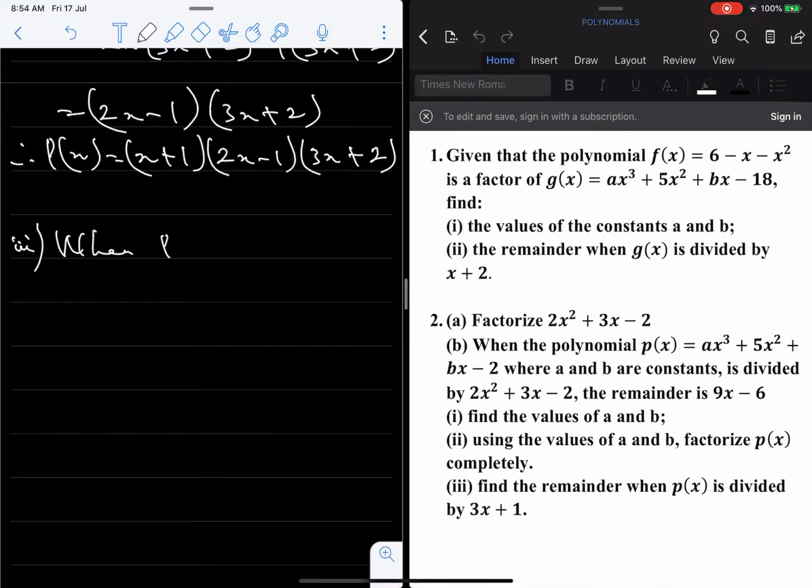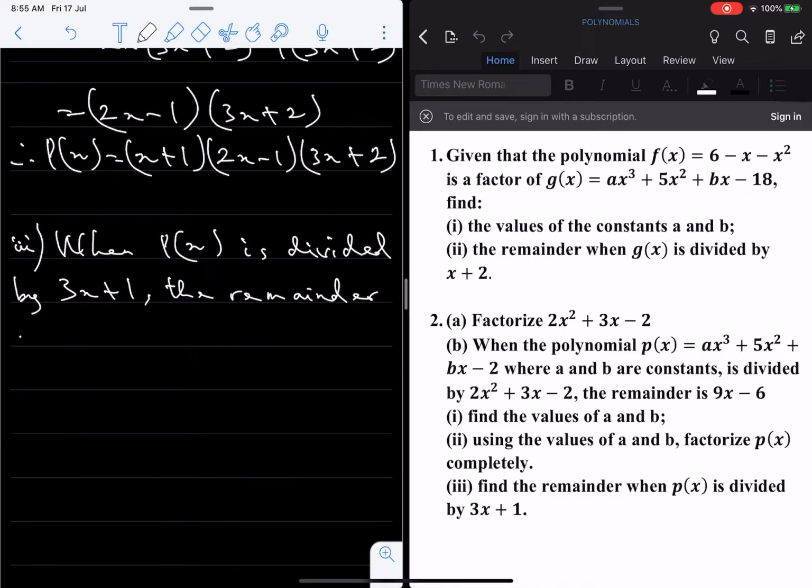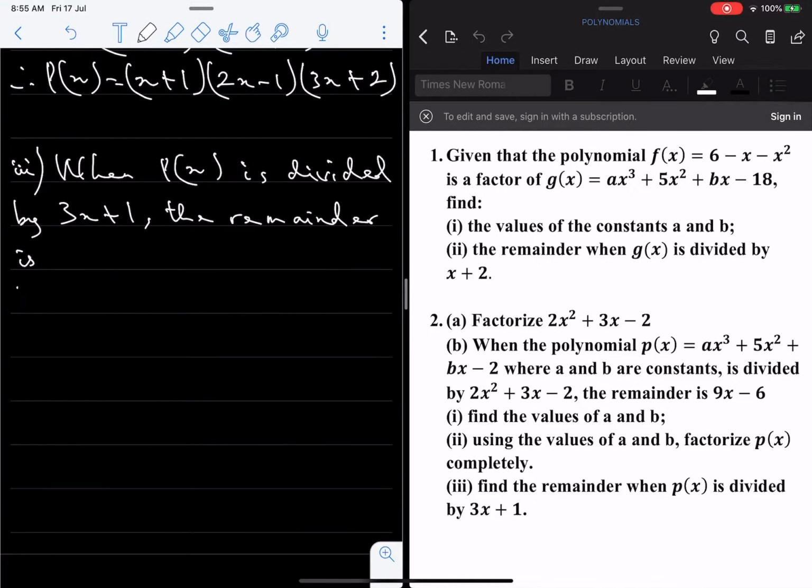When P of x is divided by 3x plus 1, the remainder is P of minus 1 over 3.